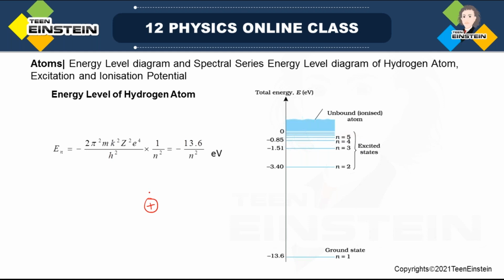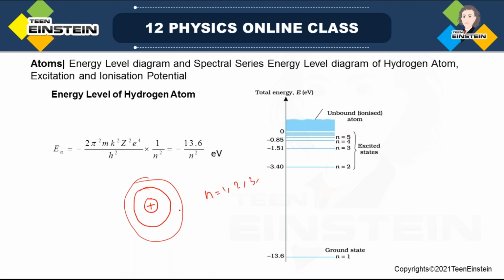So we have learned according to Bohr's atomic model that the nucleus is situated at the center and electrons are revolving around in various orbits. These orbits are named by quantum number n is equal to 1, 2, 3, 4, etc. And these are stationary states.